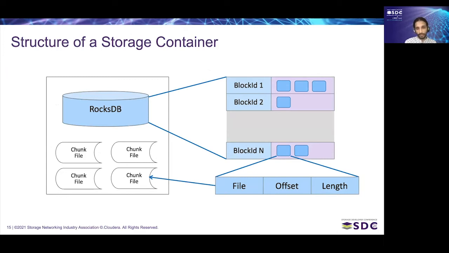So every block is a separate key in RocksDB, and the value for that key would be information regarding which data files the block is present in, and other metadata like checksum or some other information regarding the blocks.